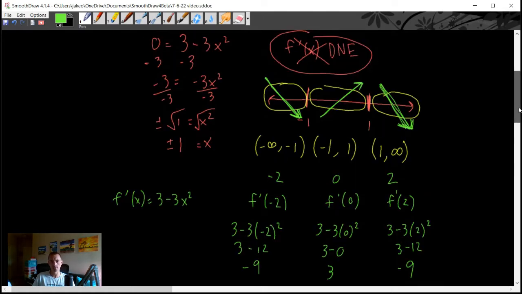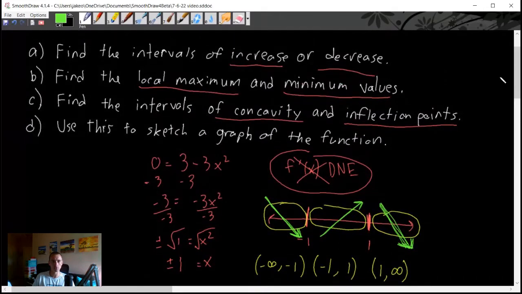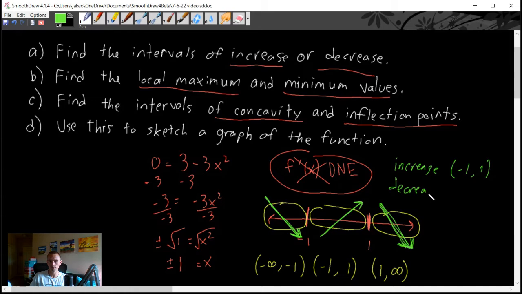So what that tells us is we have 3 intervals of increase or decrease. We have an interval of increase from -1 to 1. f is increasing from -1 to 1. And we have an interval of decrease from -infinity to -1 and from 1 to infinity. So increasing from -1 to 1 and decreasing from -infinity to -1.